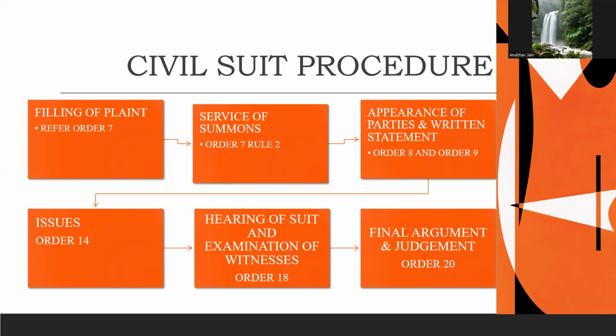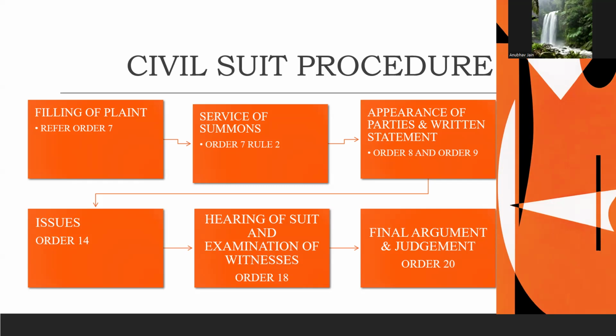Like suppose you were supposed to file a case within 3 years of the cause of action arising, but you didn't file it within the 3 years. Hence, you need to file an interim application for condonation of delay. This is also an interim application. So first of all, such interim applications are decided, and later on, issues are framed.